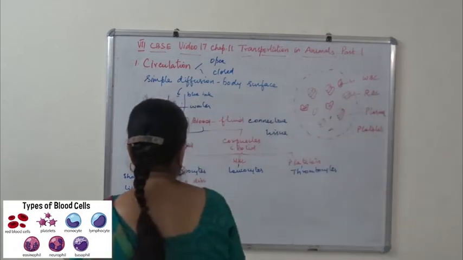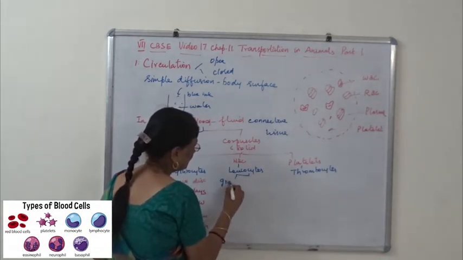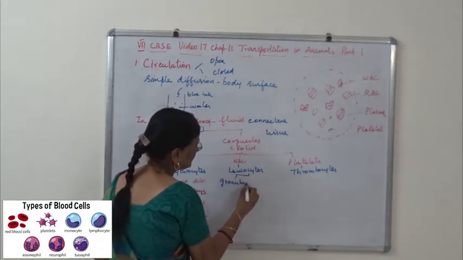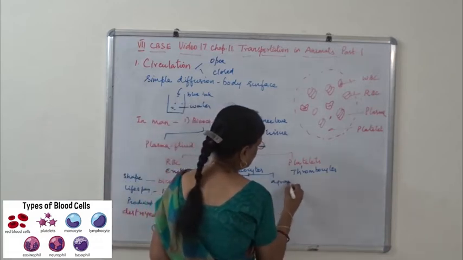Whereas leukocytes have two types. One is granulocytes, the other one is agranulocytes.